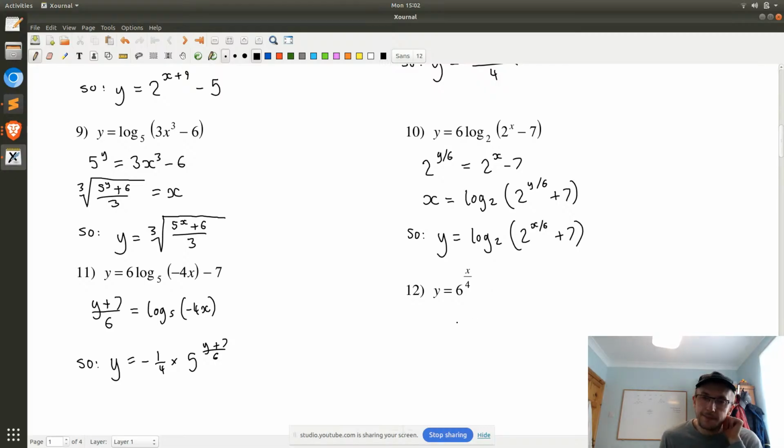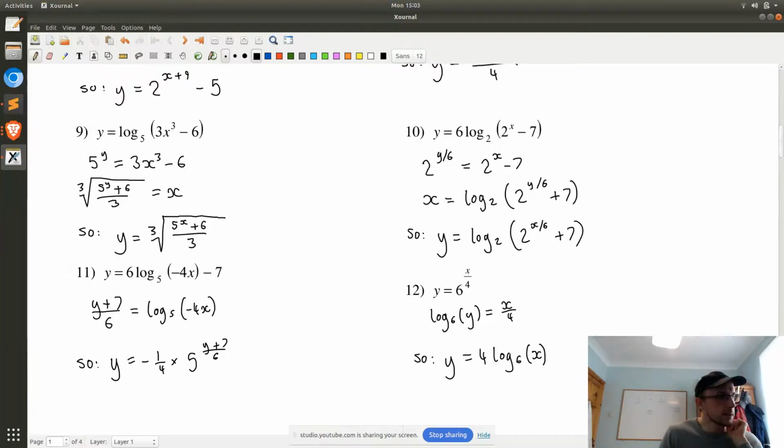And here, log base 6 of both sides, so log base 6 of y is x over 4. 4 times both sides. And so swapping the variables ahead of time, y equals 4 log base 6 of x.